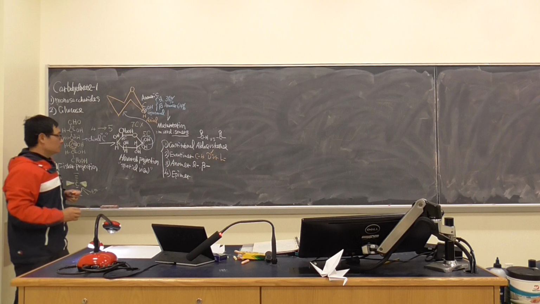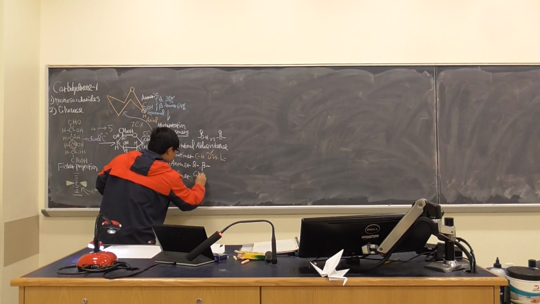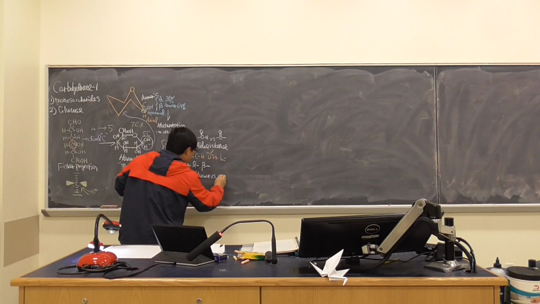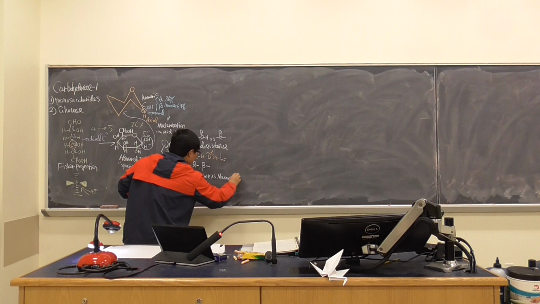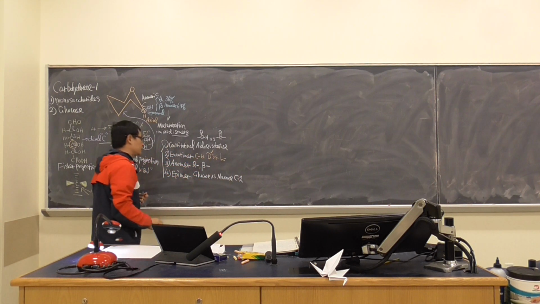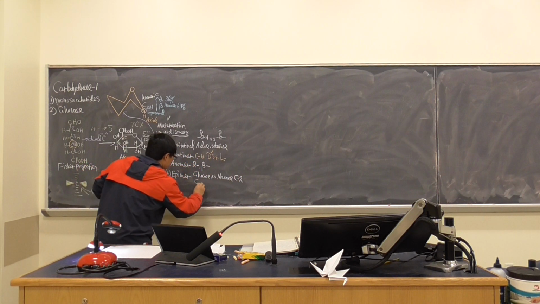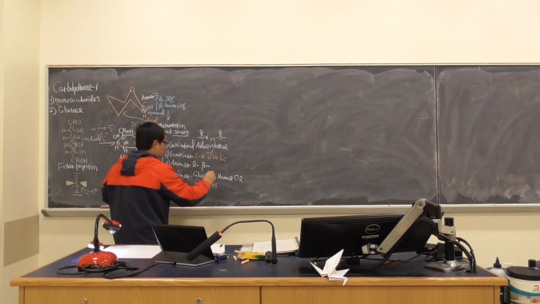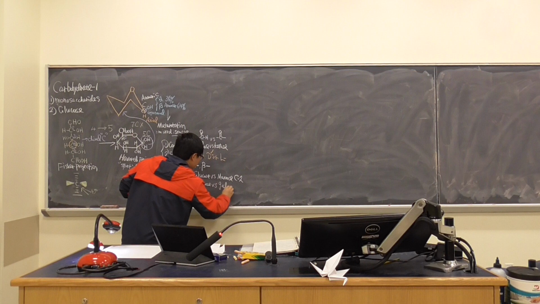Let's say glucose versus mannose, the only difference is at carbon number 2, left and right. And we also mentioned glucose and a very important sugar called galactose.